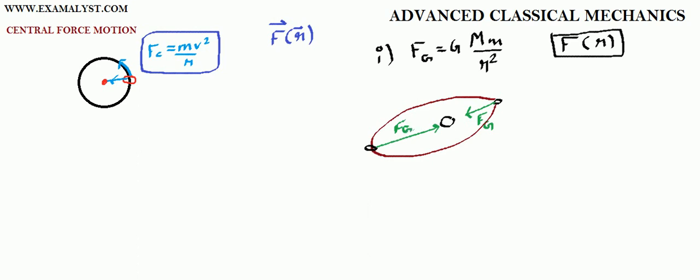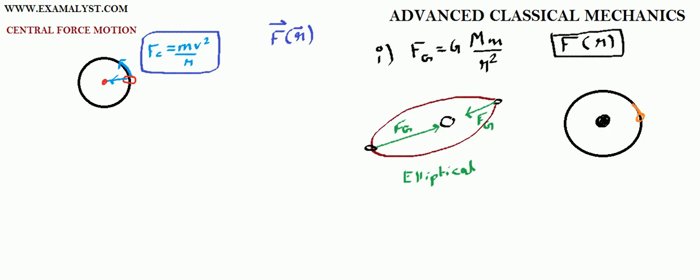Not only can we have elliptical orbits, but we can also have a circular orbit around the sun. Consider that at the center we have the sun, and a particular planet is moving around the sun along a circular path.